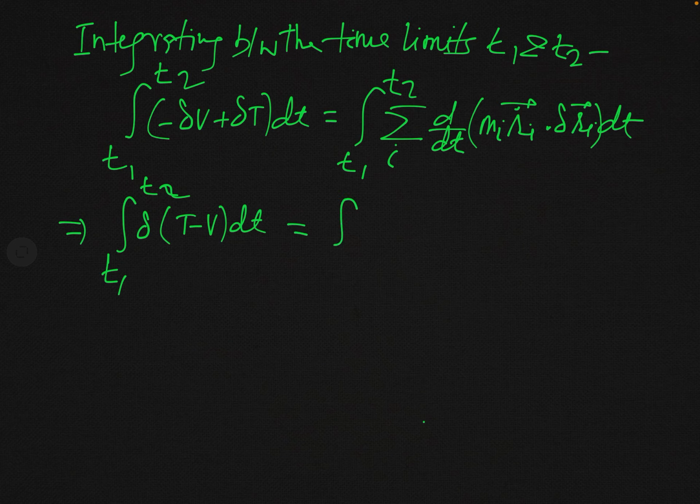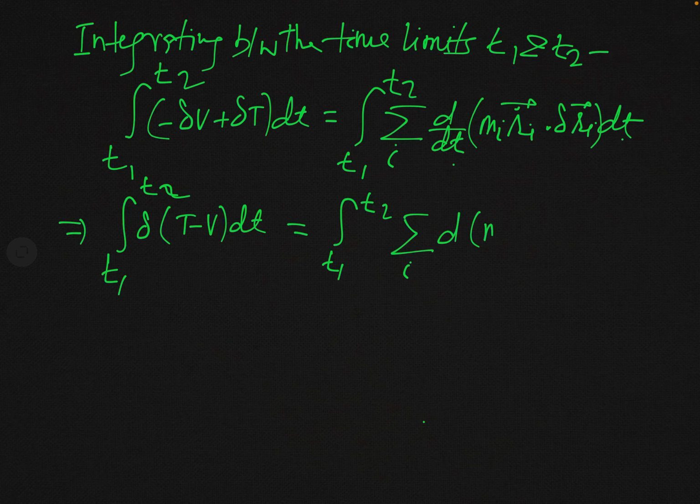You can see this is integral from t1 to t2 summation over i, differential of this dt and dt. You may assume that they cancel out, although it is not mathematically correct, but to understand you assume like that.